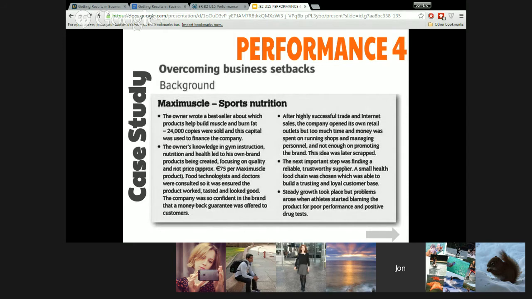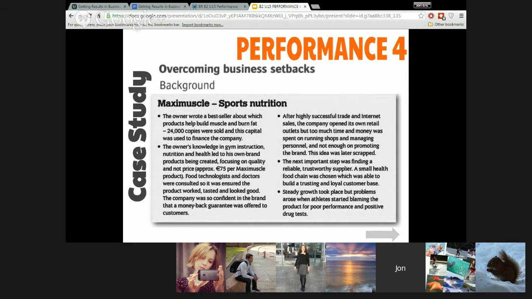Maximuscle Sports Nutrition. The owner wrote a bestseller about which products help build muscle and burn fat. 24,000 copies were sold, and this capital was used to finance the company. The owner's knowledge in gym instruction, nutrition, and health led to his own brand products being created, focusing on quality and not price.